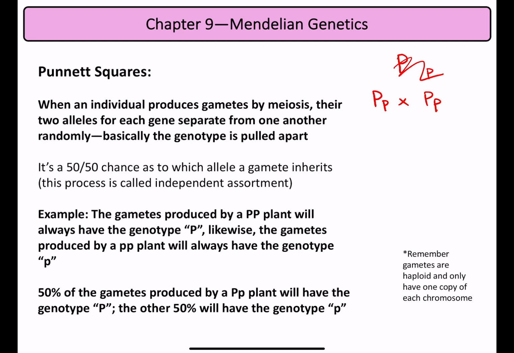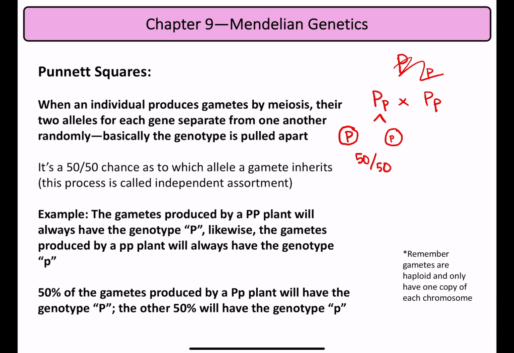So what we did is we did that. We took the genotype and we said, hey, half the time that gamete's going to get big P. The other half of the time it could get little p. Either could happen. 50% chance of each. Okay?